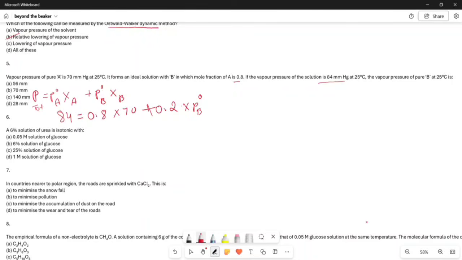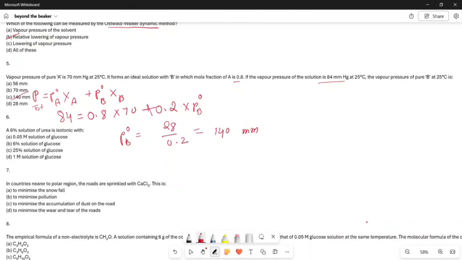Here you have to calculate PB naught. So PB naught is equal to (84 minus 0.8 into 70) divided by 0.2. You get 28 divided by 0.2, which is 140 mm of mercury. So the answer is option C.